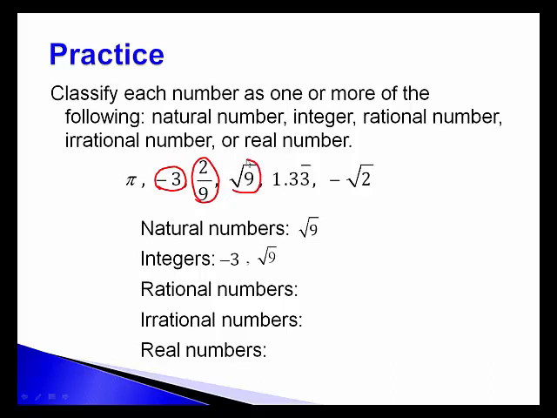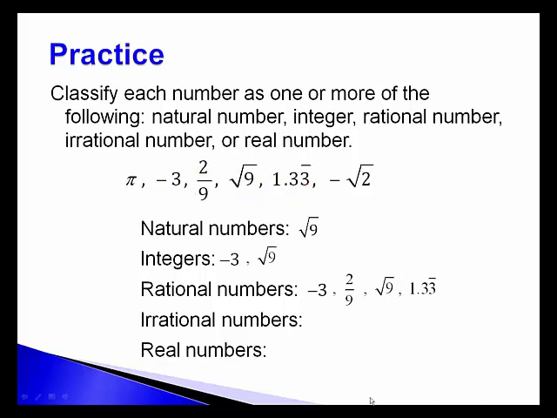Remember, this is just a 3, and repeating decimals go in our group. Then I have the negative square root of 2. Well, since 2 is not a perfect square, that number does not belong in our list. So let's record those: -3, 2/9, the square root of 9, and our repeating decimal, 1.33.